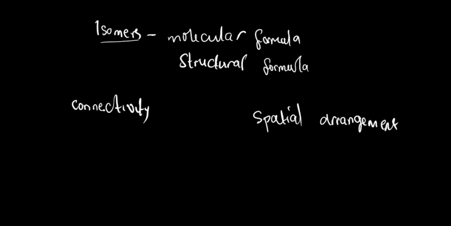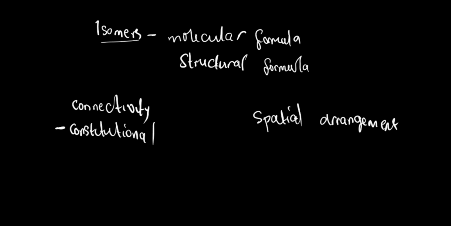When the isomerism is in terms of different connectivity, what we have is a constitutional isomer. It's called a constitutional isomer when the difference in structure is based on different connectivity of the atoms in the molecule. So the molecules have the same molecular formula, but the atoms are connected differently in each isomer.